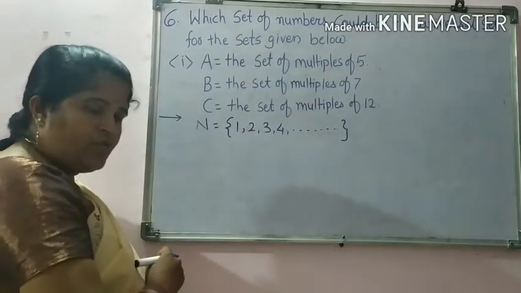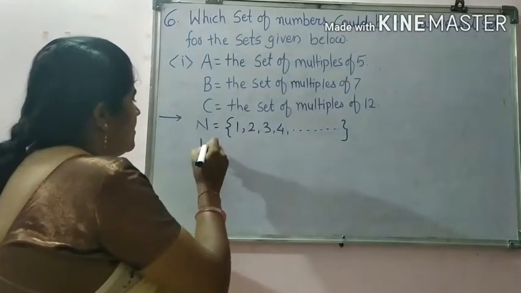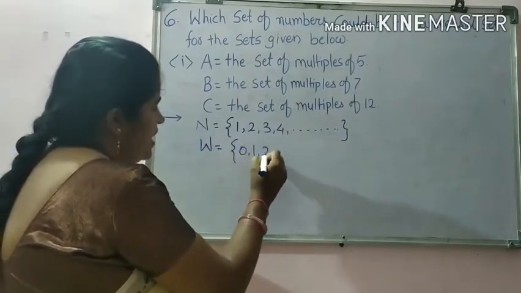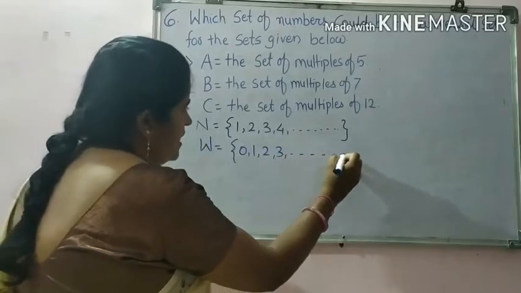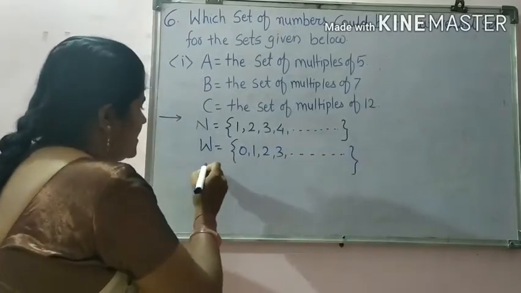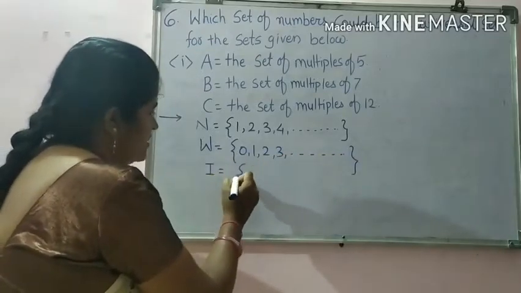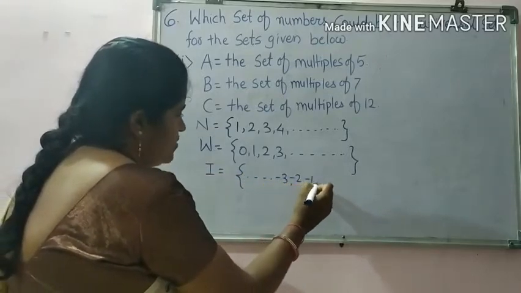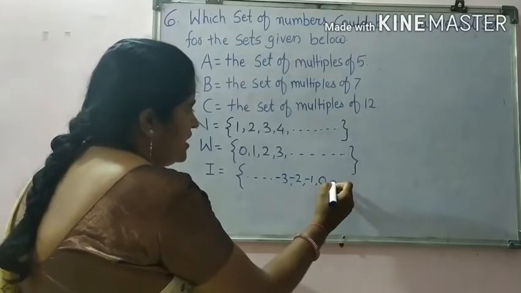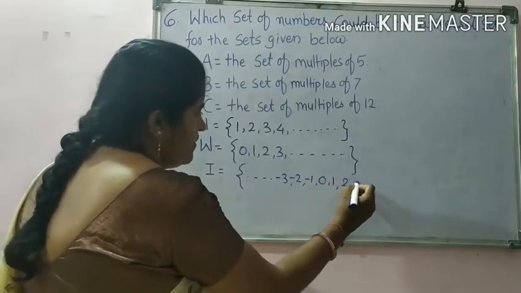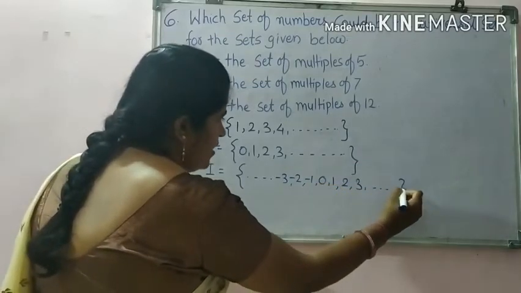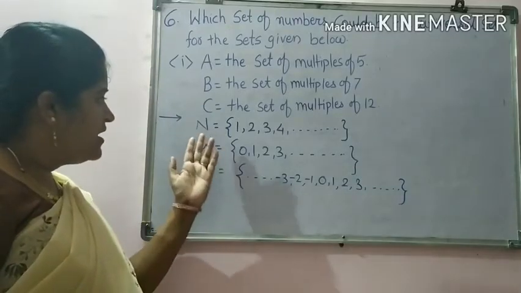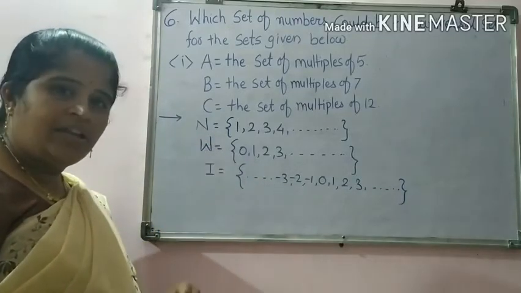Set of whole numbers W is equal to {0, 1, 2, 3, 4 and so on}. Again set of integers is equal to {..., -3, -2, -1, 0, then all positive integers 1, 2, 3 and so on}. These are the elements of set of natural numbers, whole numbers and integers.